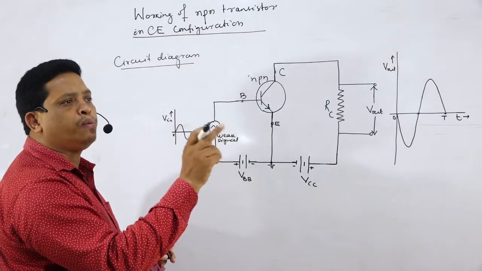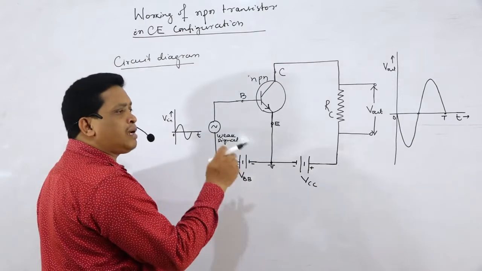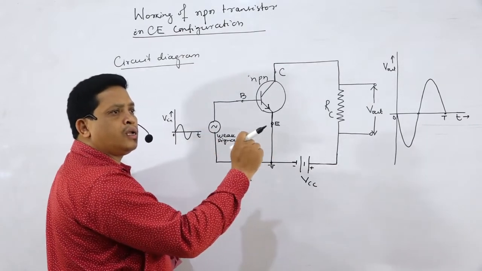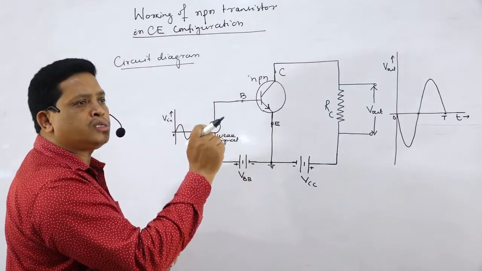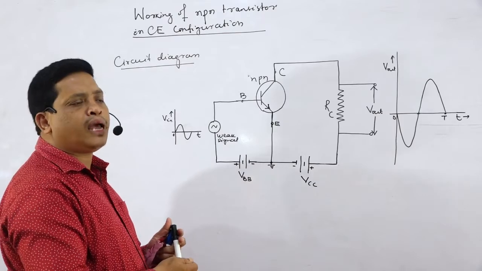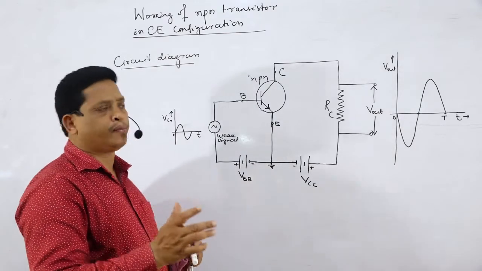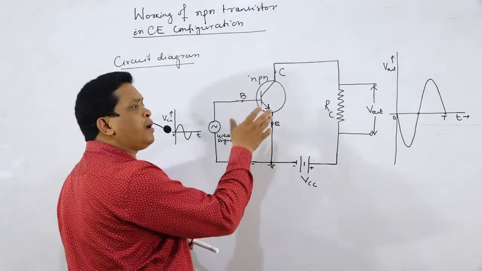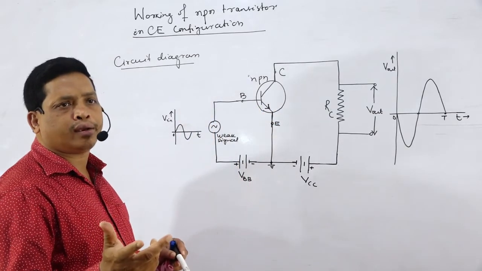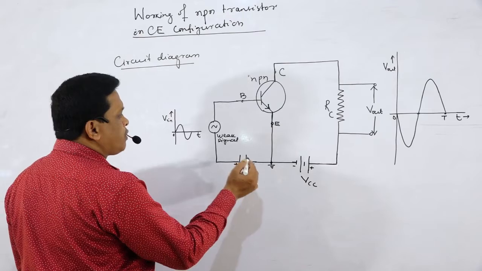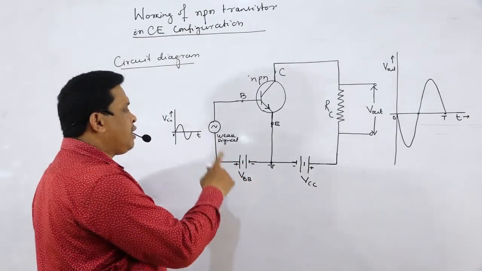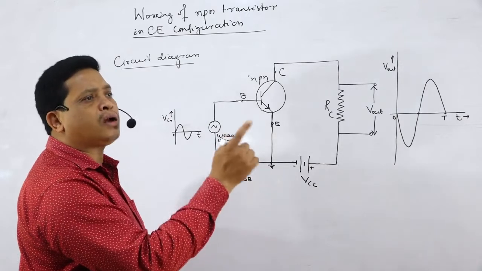So emitter current will flow, and when the electrons in the emitter region pass towards the collector, some of the electrons combine with the holes in the base region, which is the P material, therefore that gives rise to base current, and maximum number of electrons are able to reach the collector region, so there is a collector current. So under DC condition three currents are flowing, that is emitter current, base current and collector current.